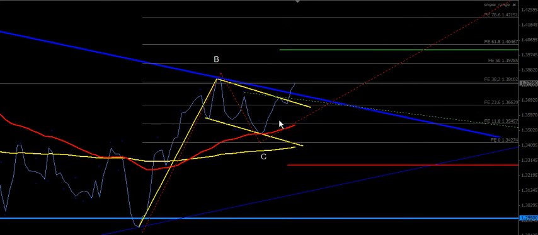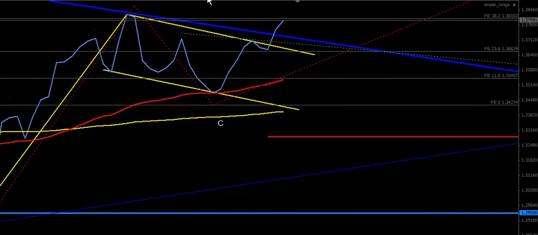So we want to just be aware that these patterns are here and where these trend line supports are, and then we want to trade on these smaller charts to work our way to the larger time frame targets, and keeping stops in place is a real good idea at this point.